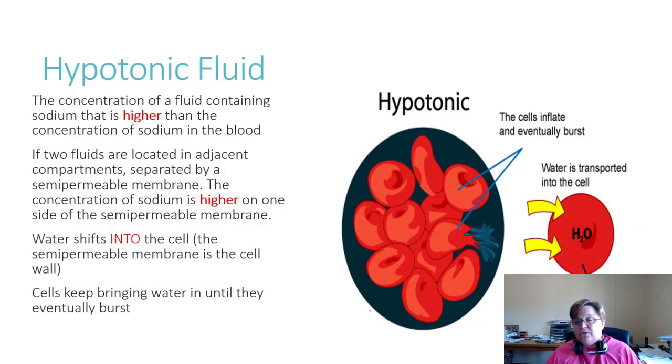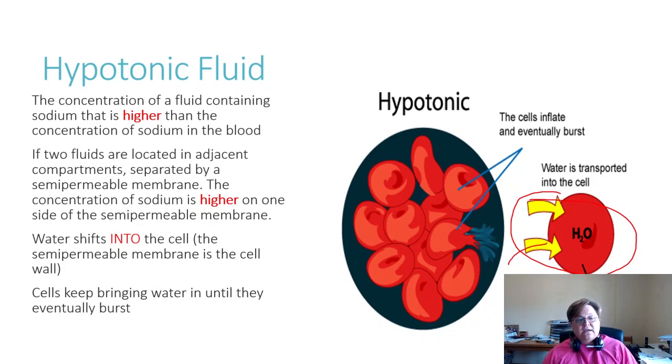However, if we have a hypotonic solution, we'll find that the concentration of fluid containing sodium is higher than the amount of sodium in the blood. And that means here we see that we have more water going into the cell.